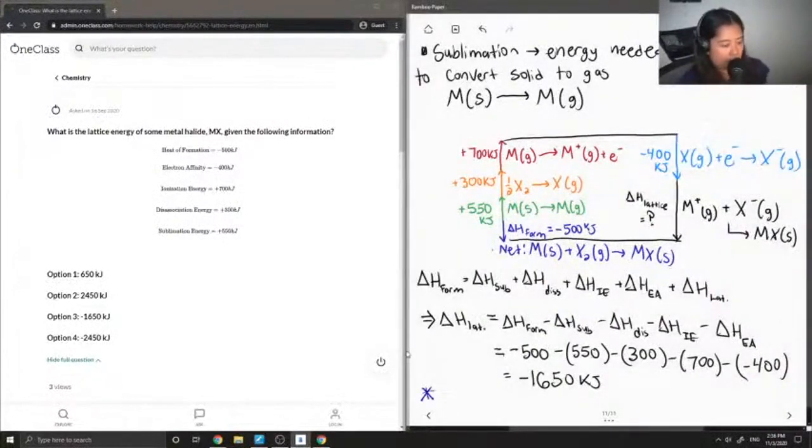So you also know you did it right because the delta H, your lattice energy, is typically always negative, since the ions coming together is favorable.